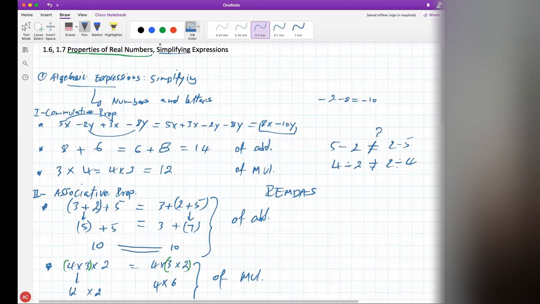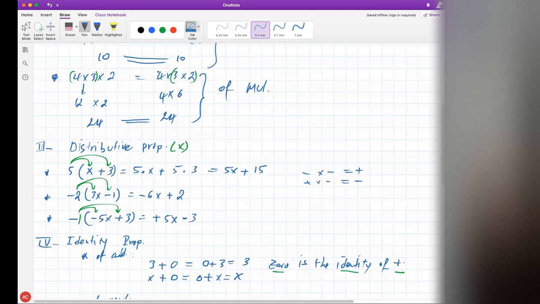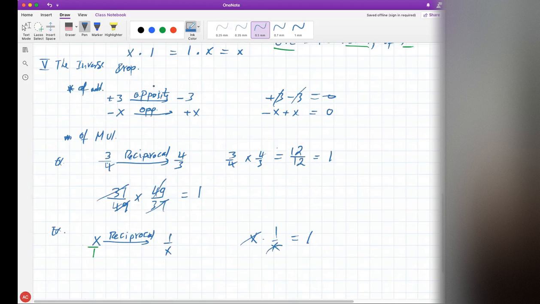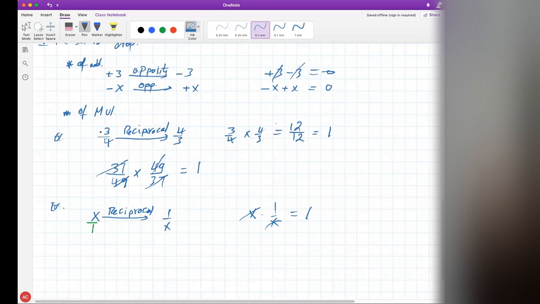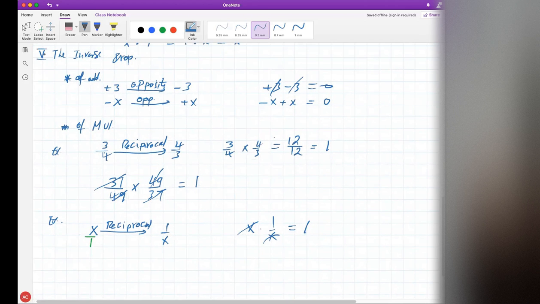That's what today is all about, using those properties to simplify. These expressions have variables, not just numbers. It's not just the order of operations, but we use the properties of real numbers to simplify them. So that's the inverse property. Of addition, we use the opposite. Of multiplication, we use the reciprocal.